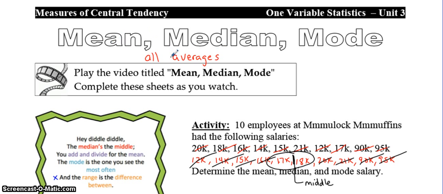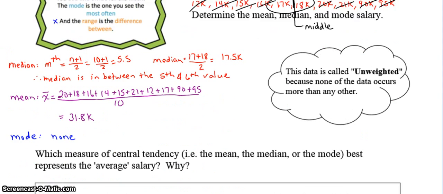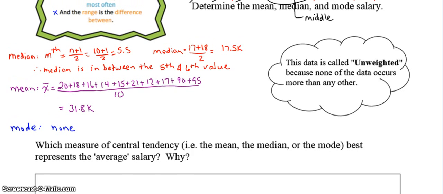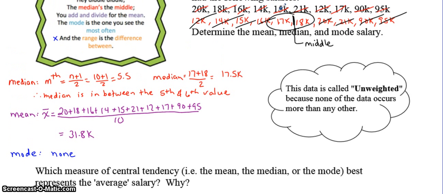Normally you think of the mean as being the average, but these are all different types of averages. So which average do you think best represents these values? Do you think you would want to say that the average salary was 17.5 thousand? Would you want to say that the average salary was 31.8 thousand?